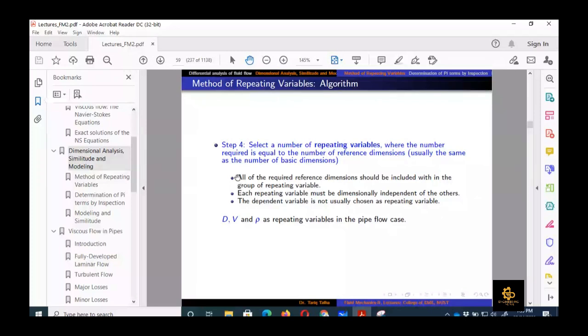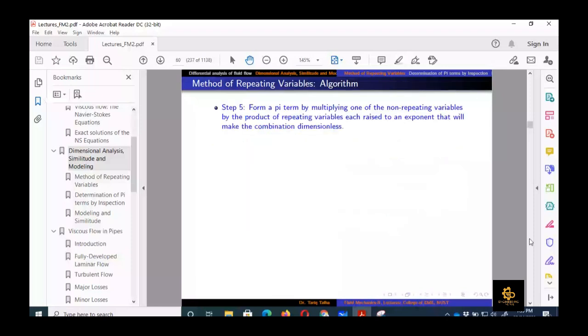Now, if you look here, we have got 3 points. First of all, the required reference dimensions should be included within the group of repeating variables. Whatever repeating variables you choose, all 3 dimensions should be covered by them.